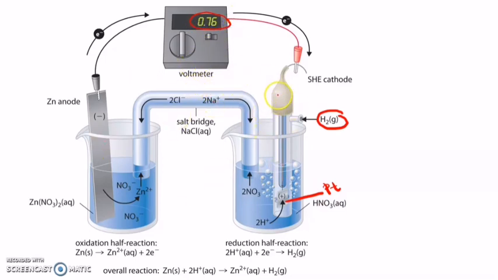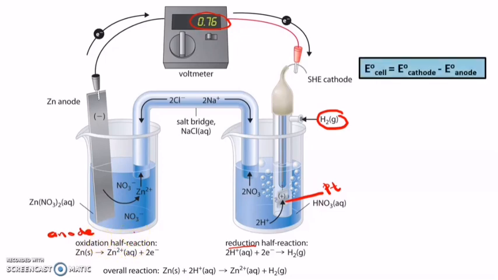In this cell, SHE acts as the cathode, so it undergoes reduction. When SHE acts as the cathode, this other electrode will become the anode, and oxidation will occur here.